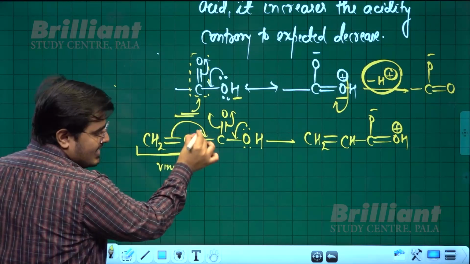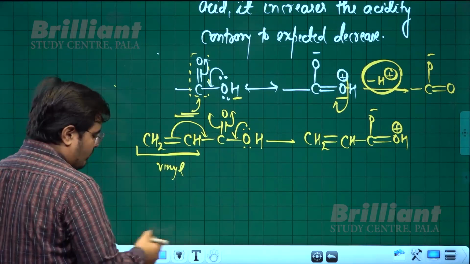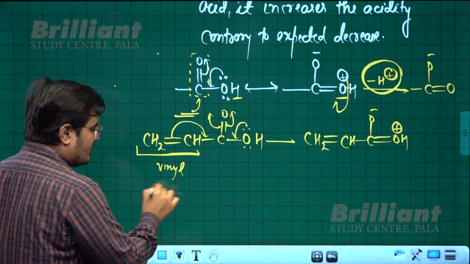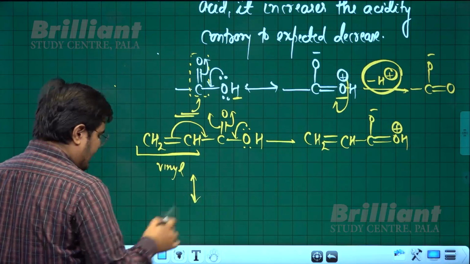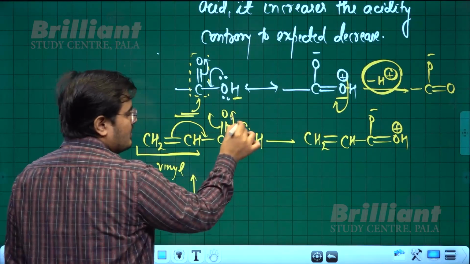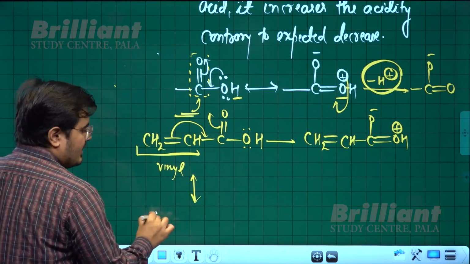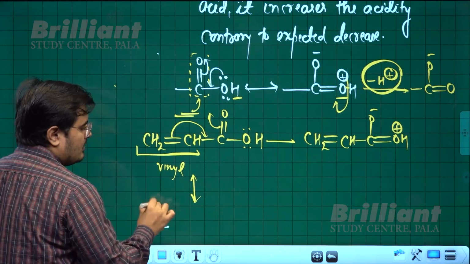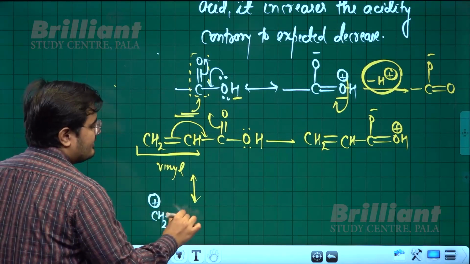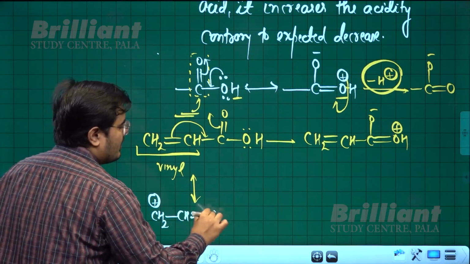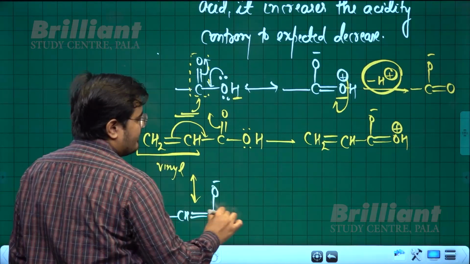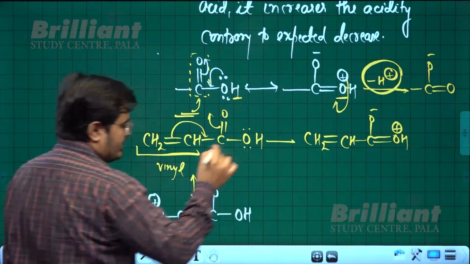That is, if resonance happens in this direction, then the resonating structure that I will have will be CH2⁺ CH=C O⁻ OH.